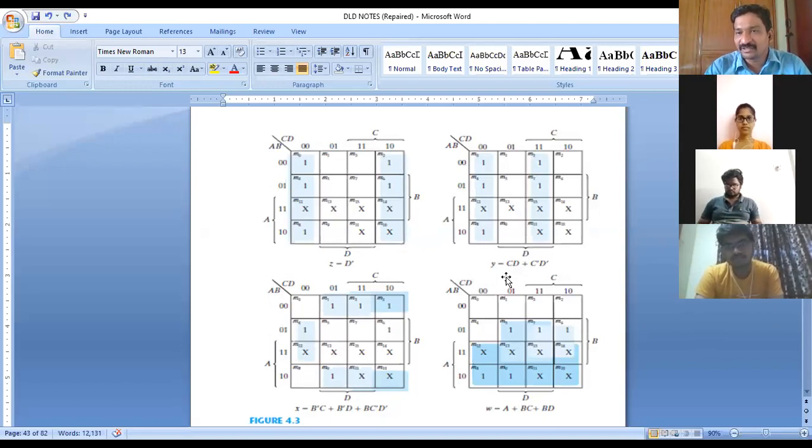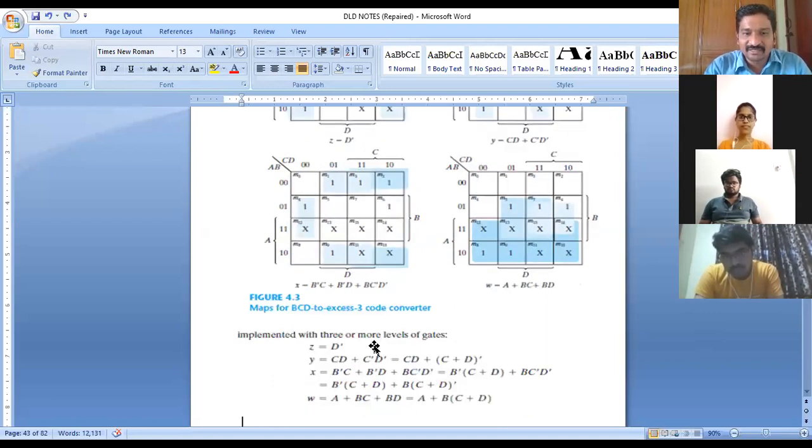Once you find the Boolean equations, designing the logical structure is very easy, right? So you can implement it. This is W, this is X, this is Y, as well as Z. These are the equations we get using the corner map.